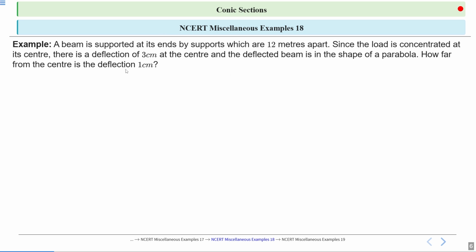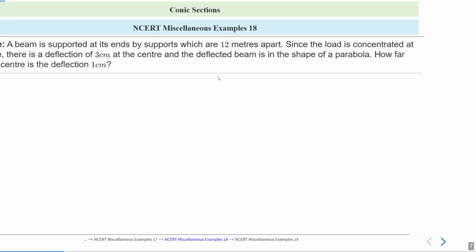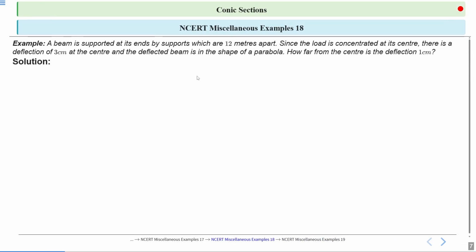So how far from the center is the deflection 1 centimeter? So students, first of all, think about this. How would you approach this example? So in this example, we are asked how far from the center is the deflection 1 centimeter.